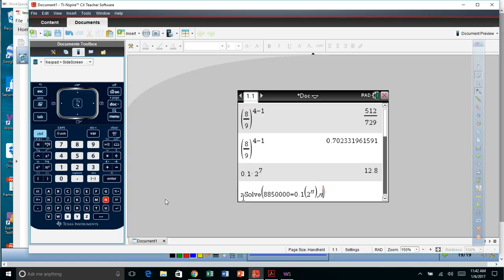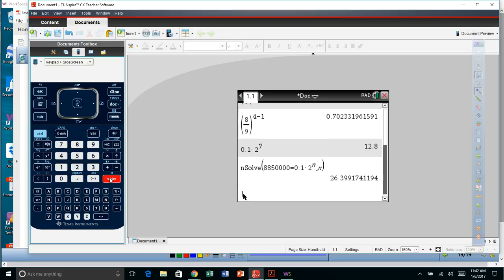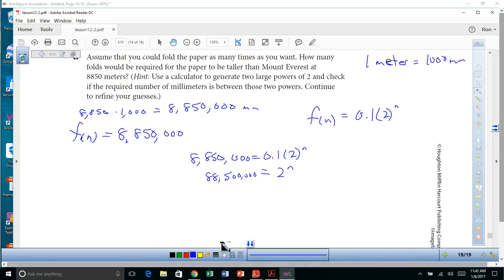We hit enter and we get 26.399. Now, n has to be an integer, right? So 2 to the 26 is less than 8 million.